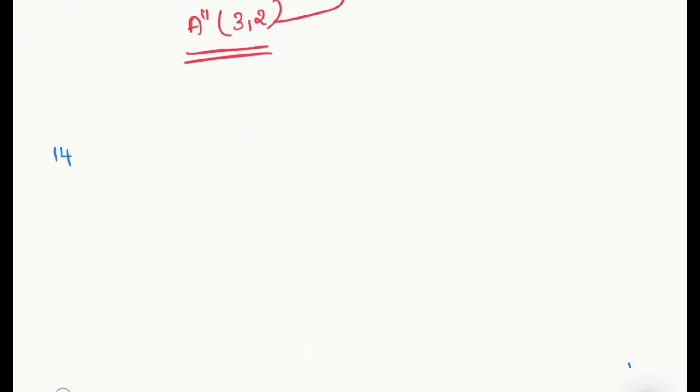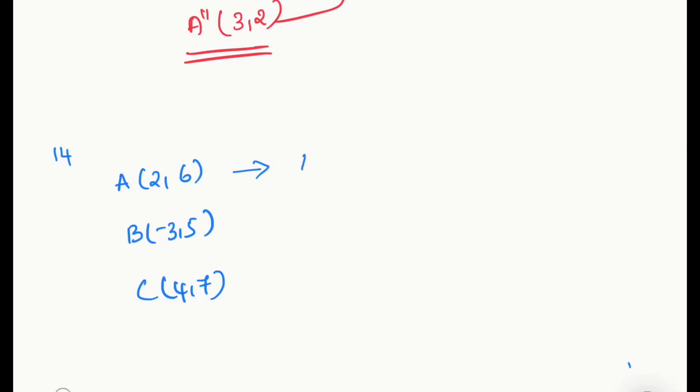Now let me come to question number 14. In question number 14 we have a triangle ABC where A is 2, 6, B is minus 3, 5, C is 4, 7, reflected in the y-axis to get the triangle A dash B dash C dash. So reflected in y-axis, A dash will become minus 2, 6, B dash will become 3, 5 and C dash will become minus 4, 7.